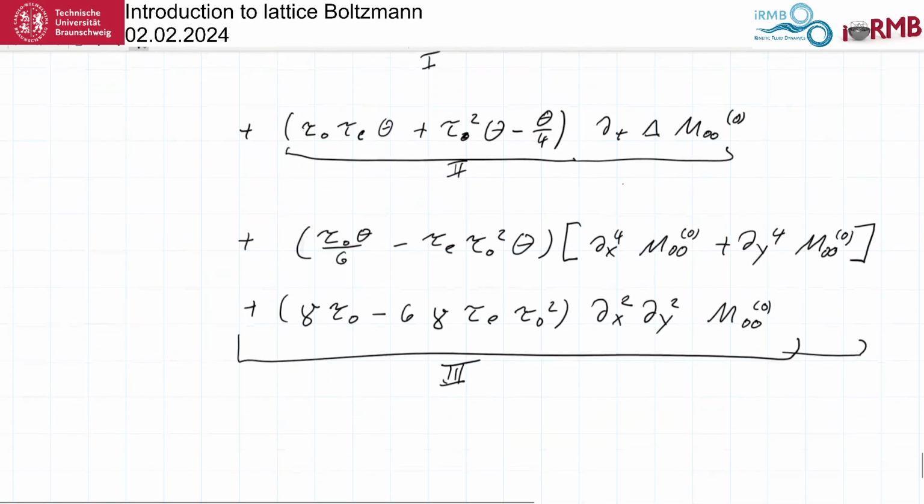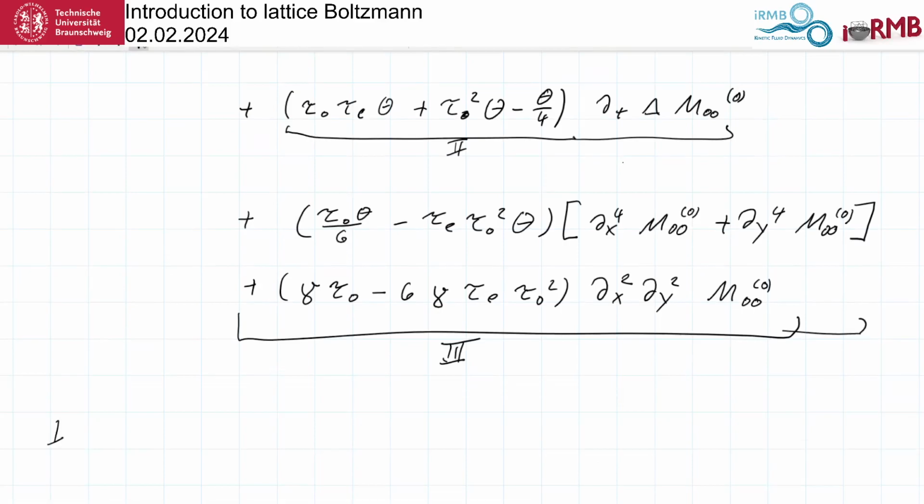Okay, so now let's do some observations. Term 1 is exactly the diffusion equation again. So this is our original target equation. It just happens at the next order.